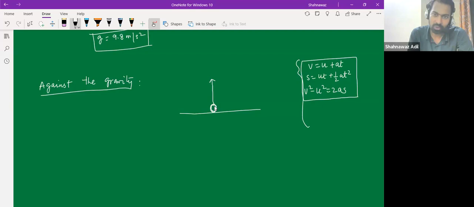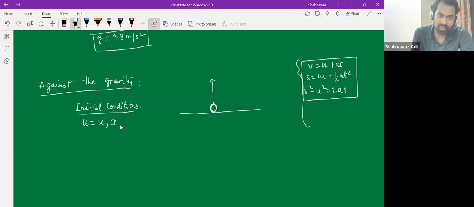So to throw this object upwards, we have to provide some initial velocity. And what is the acceleration?